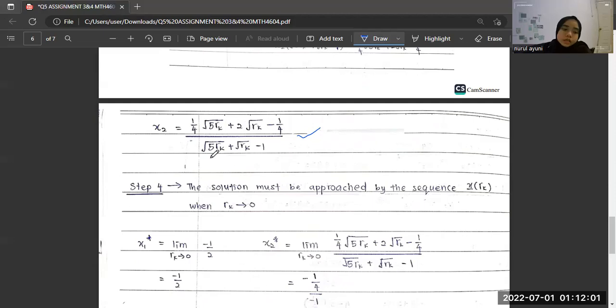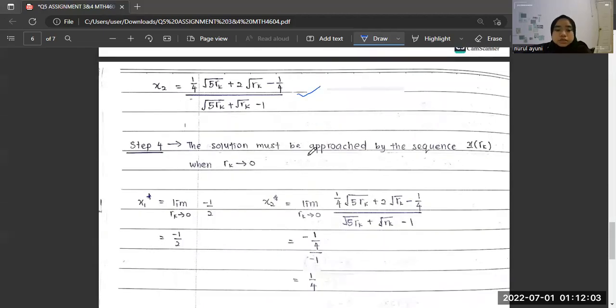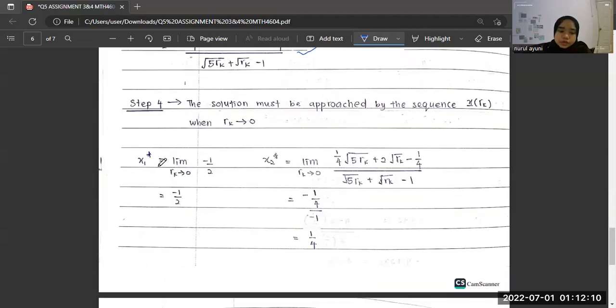The next step, the solution must be approached by the sequence x(rk) when rk approaches 0. For this, I solve these equations and I get the value of x1, which is negative 1 over 2. Also the value of x2, which is 1 over 4.